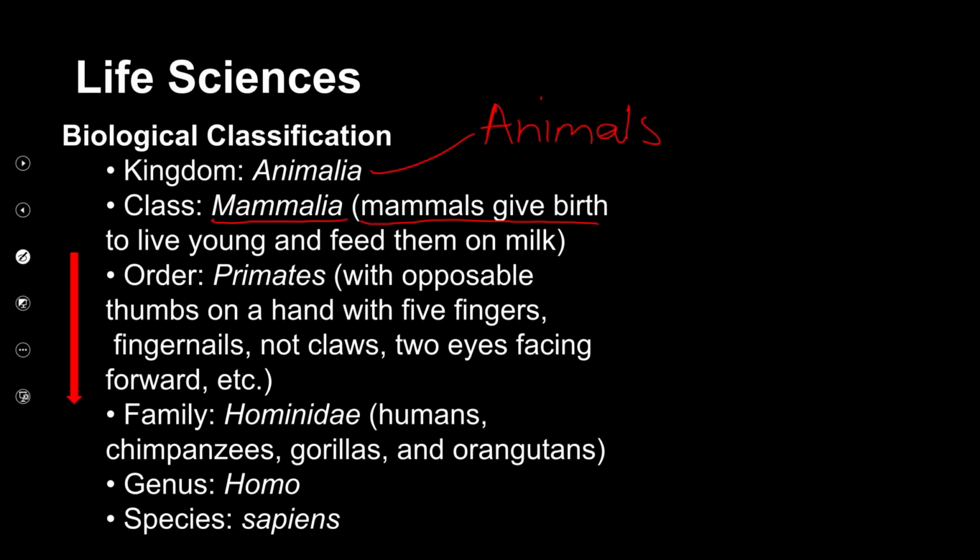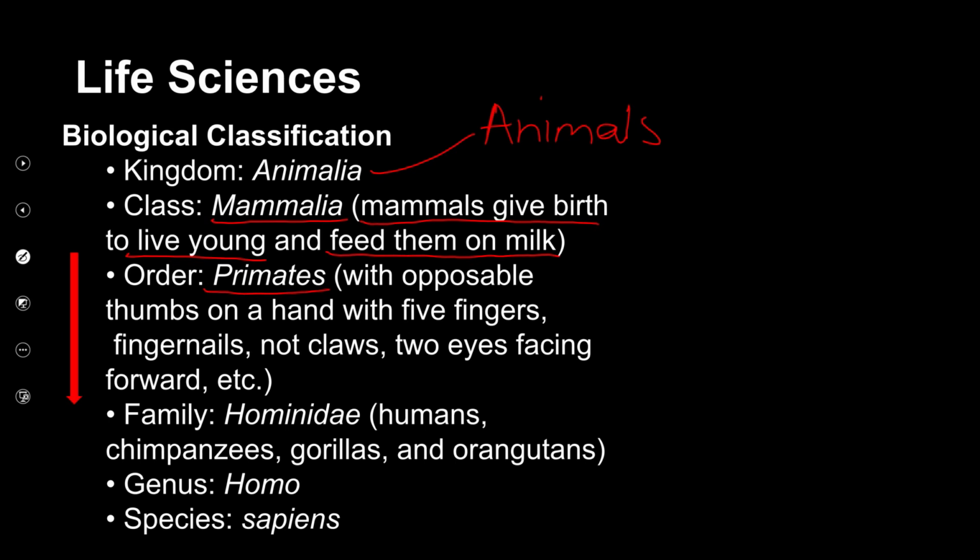Okay, so here in the class Mammalia, we say mammals, we know mammals give birth to live young, so that's the first characteristic. And then they also feed them on milk, so they are nourished on milk. All right, and then we find organisms or humans are then in the order primates, and we spoke about primates.